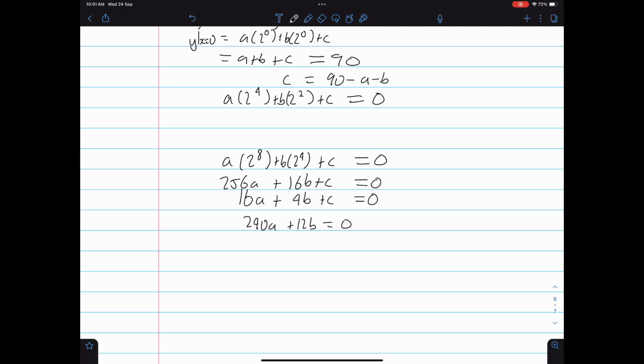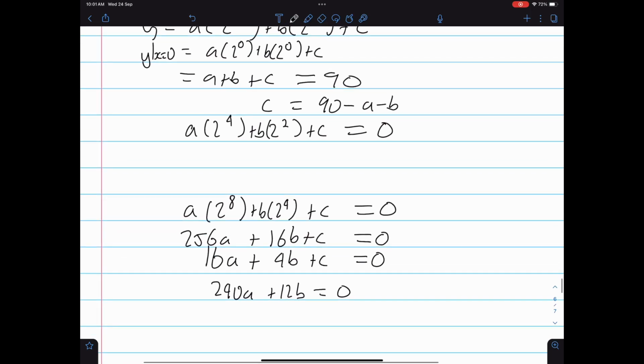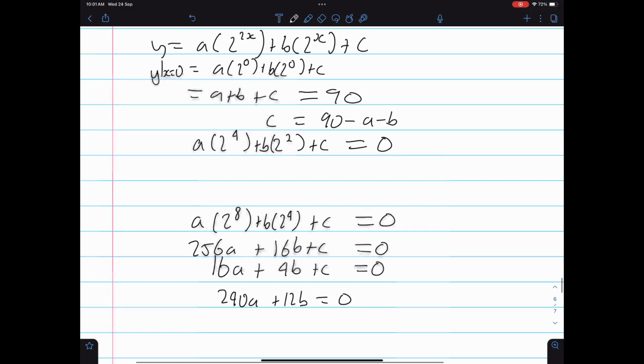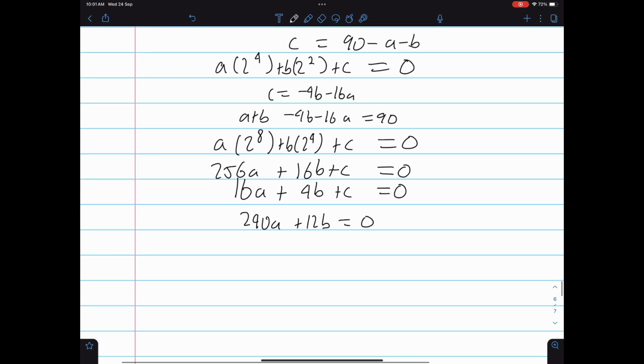And then actually, I still will have to do some substitution for the c, because of that. So c will equal minus 4b minus 16a. So a plus b minus 4b minus 16a will equal 90.